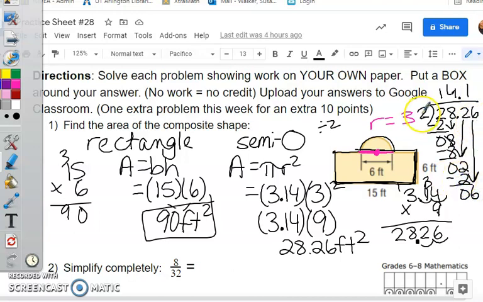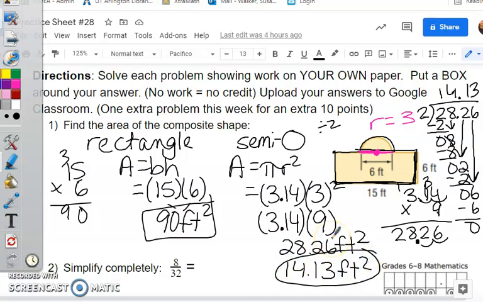Bring down the 6. 2 into 6 goes 3. So this is the full, so half of that is 14.13 feet squared, okay? Now, neither one of those is my answer, okay?